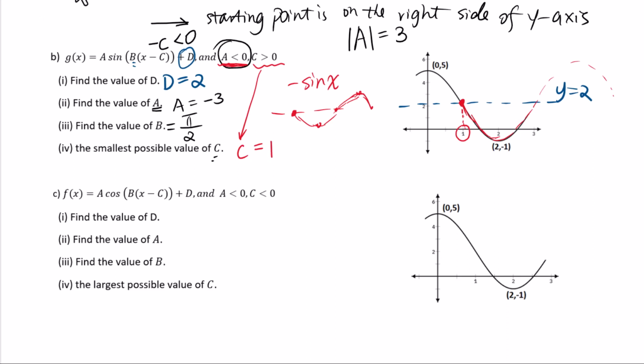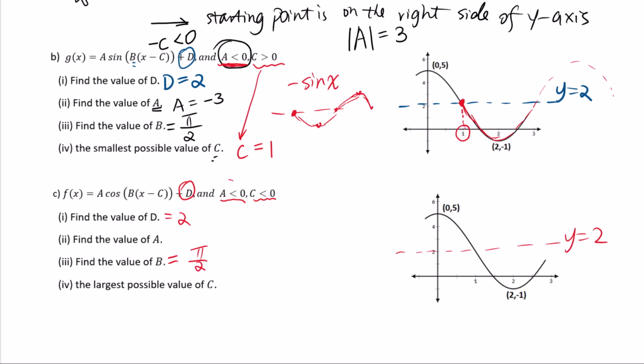Let's go to C. f of x equals a cosine bx minus c plus d. a is negative, c is negative. From the previous question, we already got the midline equals 2. b is pi over 2.